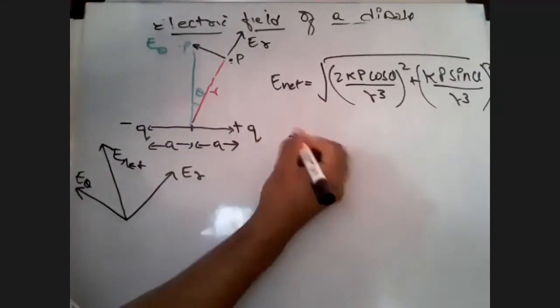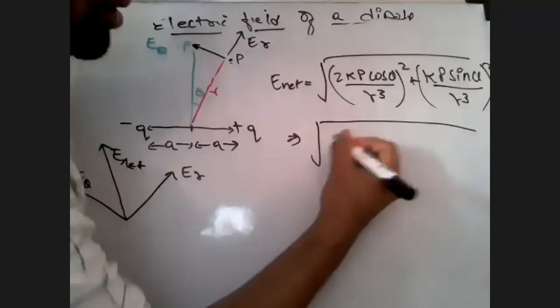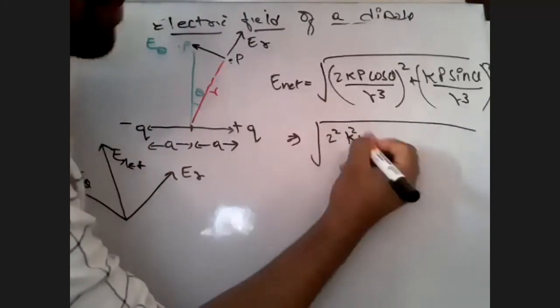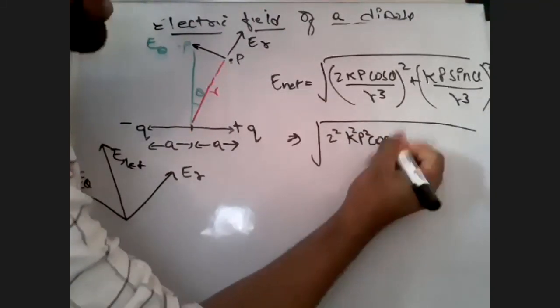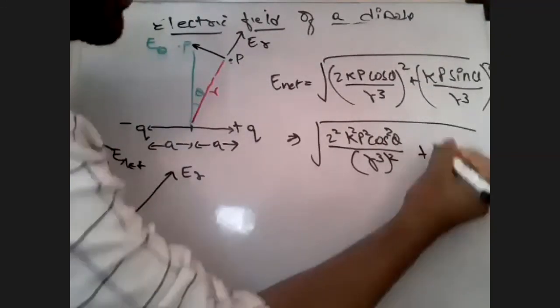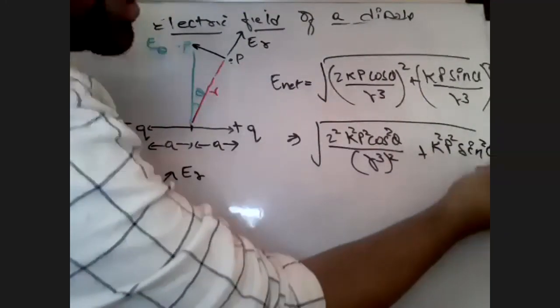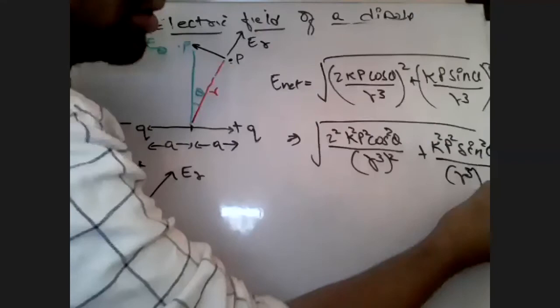Solve this, please. What is it going to be? I can write it as 2 square k square p square cos square theta upon r cube whole square plus k square p square sin square theta upon r cube whole square.